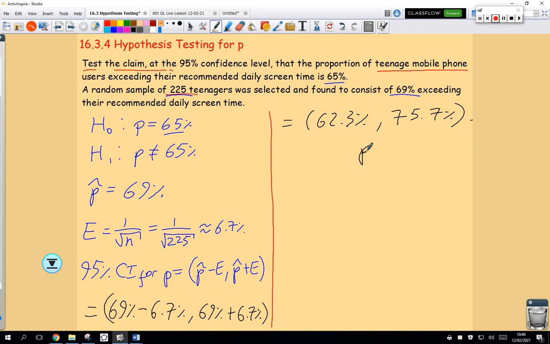Okay, that's written in interval notation. If you want, you can write it using an inequality. I think your textbook uses an inequality mostly. So we're saying that P should be bigger than 62.3% and less than 75.7%. So here's the moment where I'm going to make my decision.